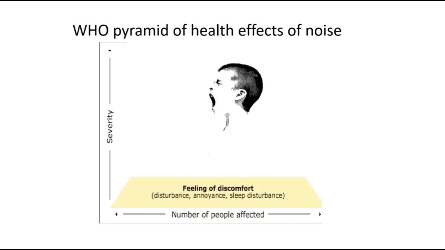The sound which is unpleasant is noise. Sometimes it can be loud, it may not be loud. But if it is unpleasant, we can call it noise. So what happens? It disturbs us. We get annoyed. And what is the side effect of getting disturbed and annoyed? We don't get sleep properly.